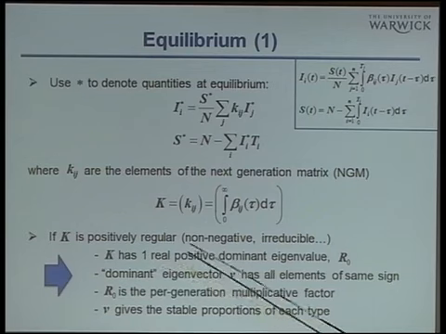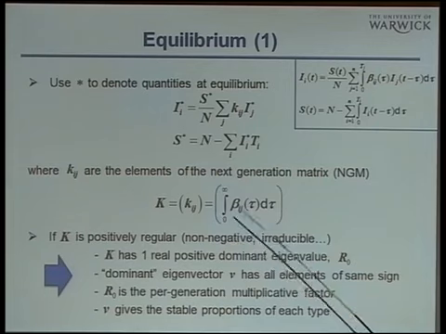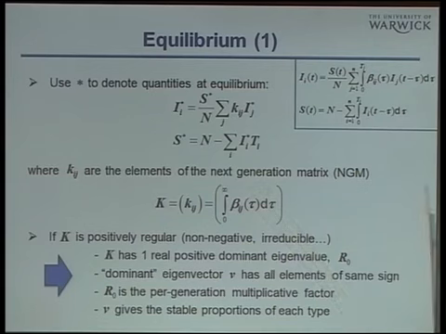So K is the next generation matrix, and the general theory says that if K is positively regular, so it's non-negative in general because all the elements are the total infectivity from one type to another type, so they are all non-negative. And if we assume that different types mix in the population, in the sense that it's not possible that if you have an epidemic over a certain set of types, then other types are not affected by the epidemic at all, then the matrix is called irreducible.